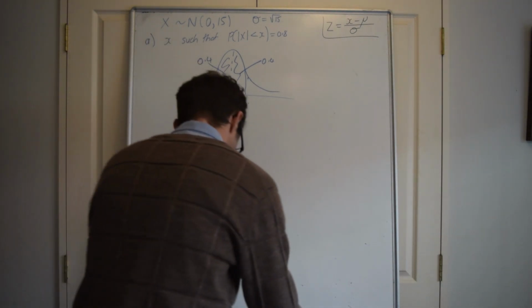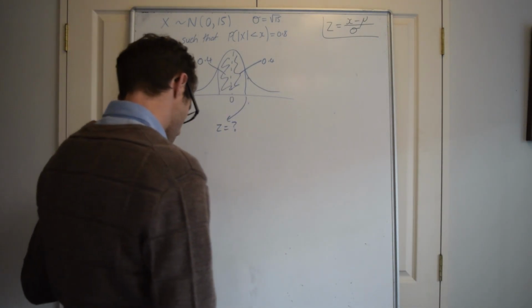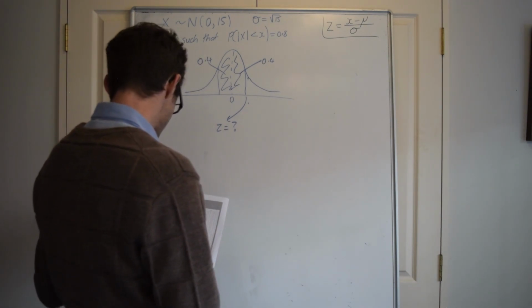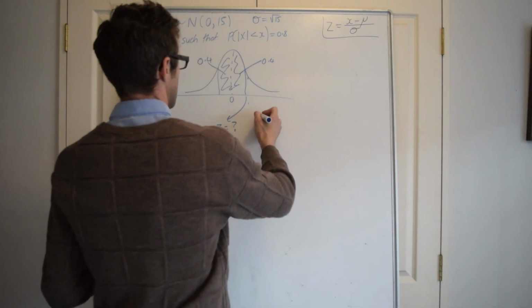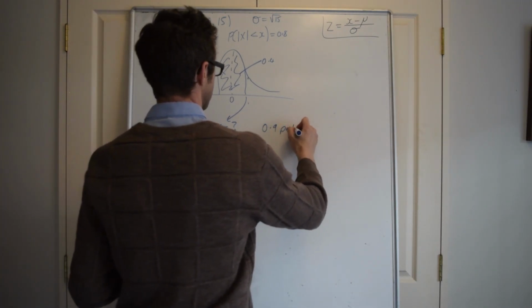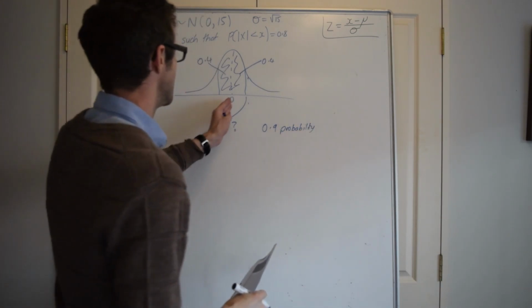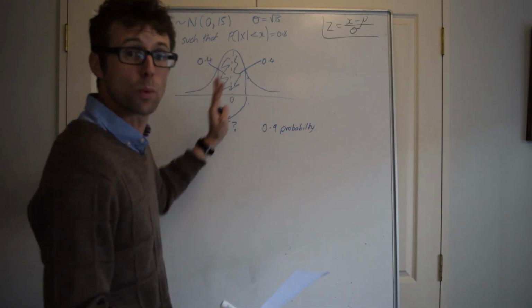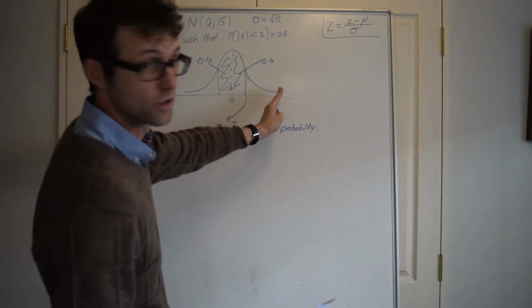So all you have to do is go to your table and look for 0.4 above that, which is a 0.9 probability. If it's 0.4 above here, it must be at 0.9 because each side of this is 0.5 probability, half probability. So an extra probability of 0.4 this direction.